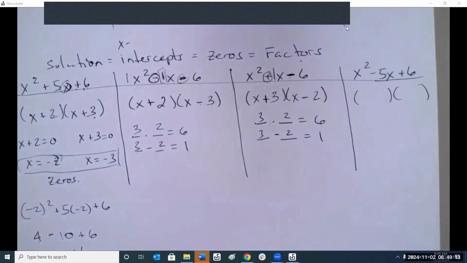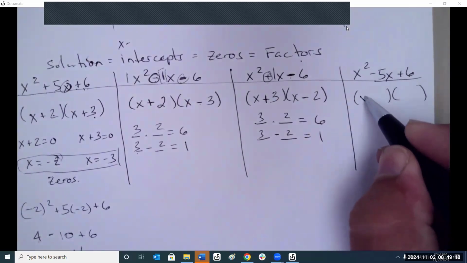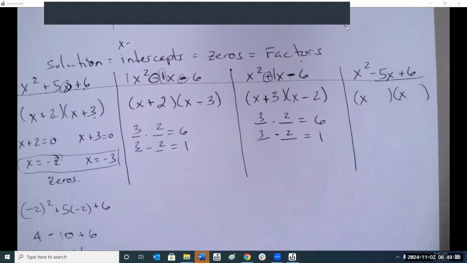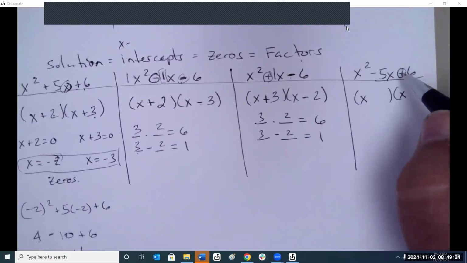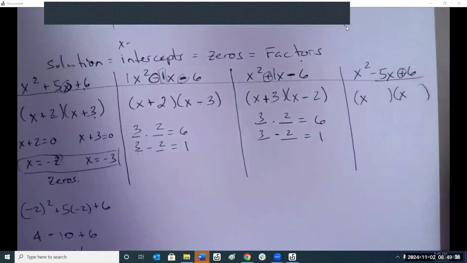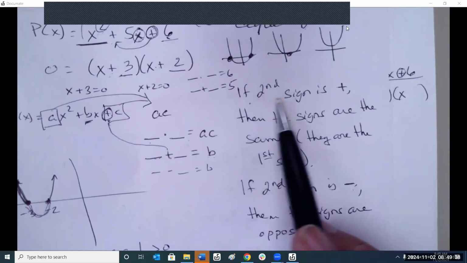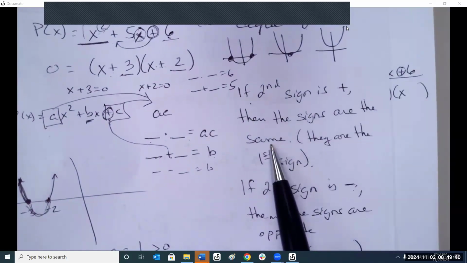Look at factoring this one. Since we're solving for x, that's good. What signs go in there? Positive and negative? Nope. Look at the second sign. If the second sign is positive, then the signs are the same.